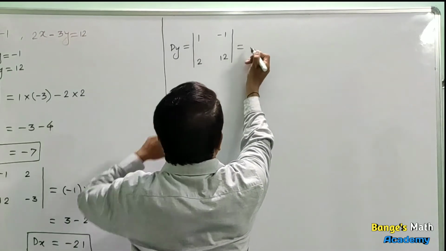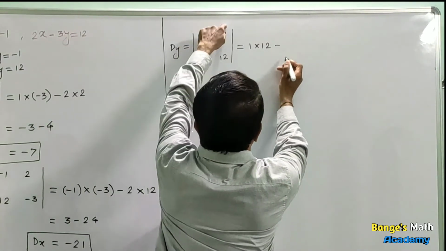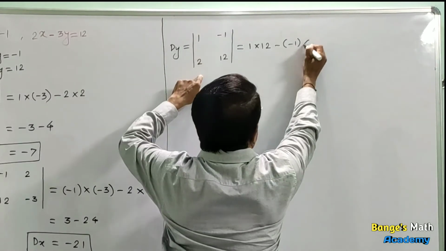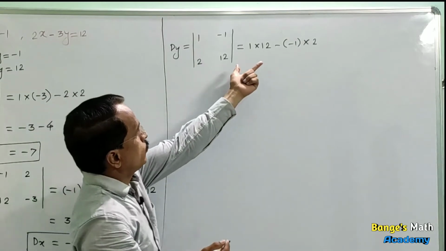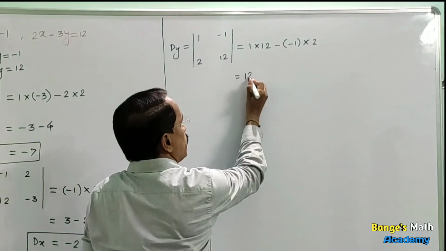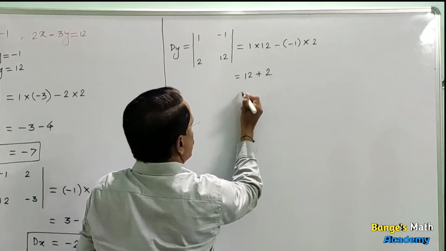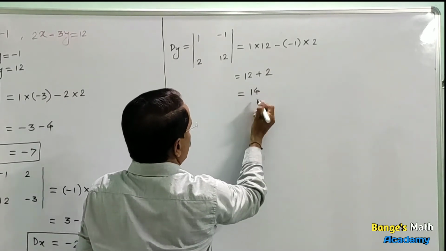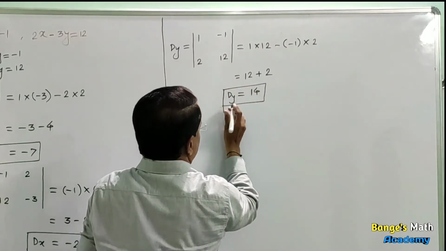Simplify this. 1 into 12 minus minus 1 into 2, that is 12 plus 2, 14. We get the value of dy.